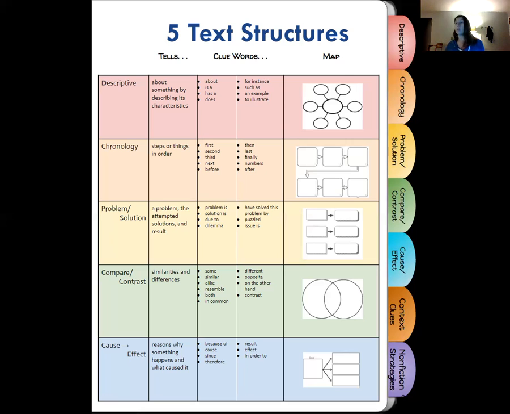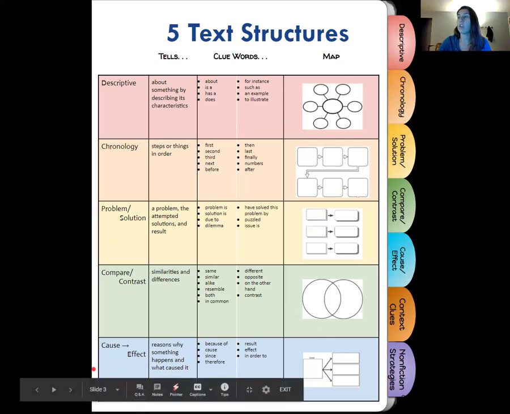We use words like same, similar, alike, resemble, both, in common, or words like different, opposite, on the other hand, or contrast. We map those text structures with a Venn diagram, where we have two things, and in some ways they're the same, and in other ways they're different.